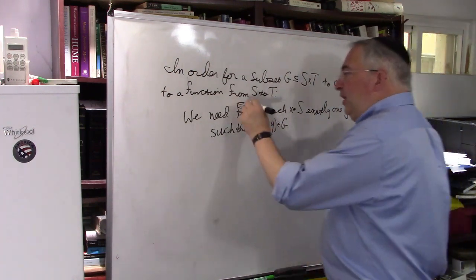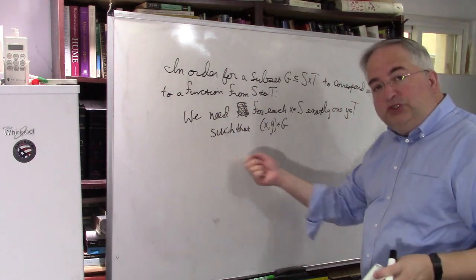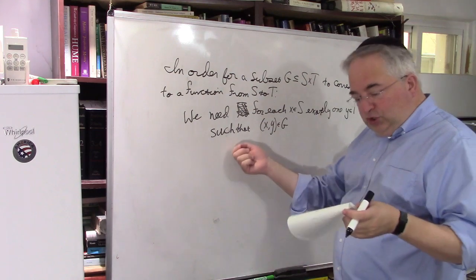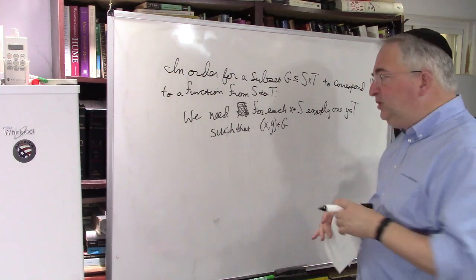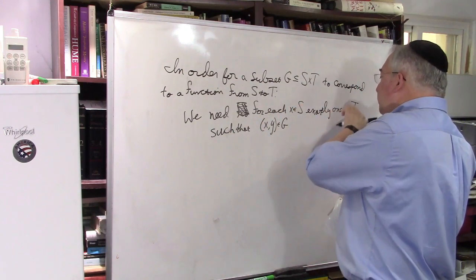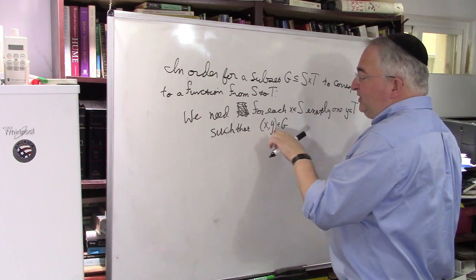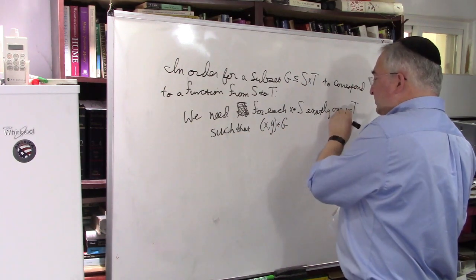Okay, so you saw 2 seconds ago that problem where A goes to U and A goes to V. Okay, we don't like that. So we need for each x member of S exactly one y member of T such that x comma y is in the graph.